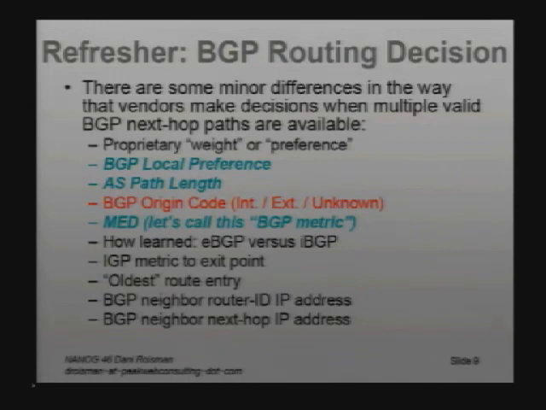The oldest route entry, I heard this route 3 days ago, and I just heard this route right now. If the route is equal, am I going to keep the old route or install the new route? And a couple of tiebreakers at the bottom, the actual IP address of the BGP neighbor, or the actual IP address of the BGP neighbor next hop. This is the general sequence in which attributes are compared before a best route decision can be made.